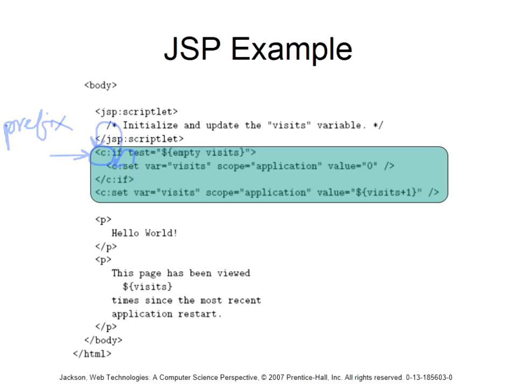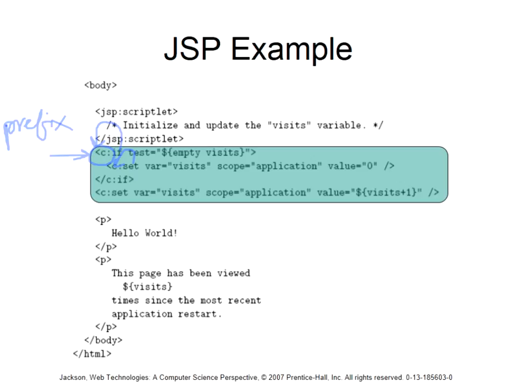So here we want to write a GSP file equivalent to the visits counter servlet, using the same code in GSP. Here I write c:if test equals empty visits, c:set variable visits scope application value equals 0, c:set variable visits scope application value visits plus 1.